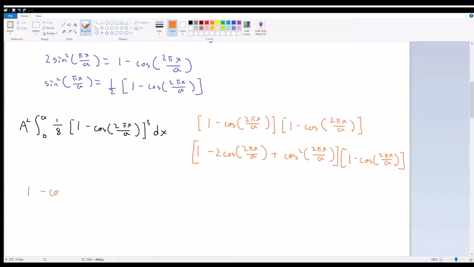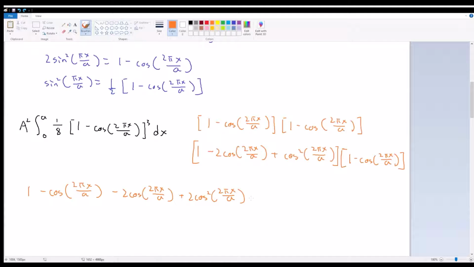1 minus cosine 2 pi x over a, and then minus 2 cosine 2 pi x over a, plus 2 cosine squared 2 pi x over a. Is that correct? Hang on.